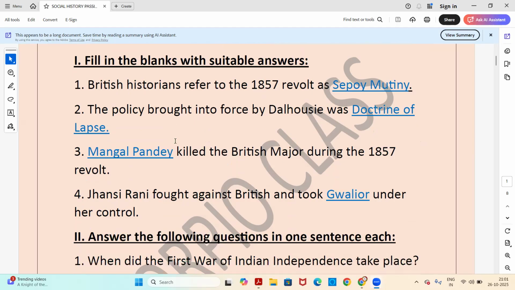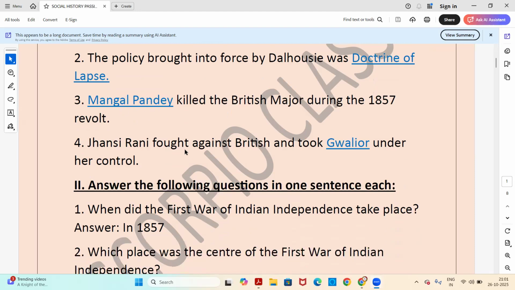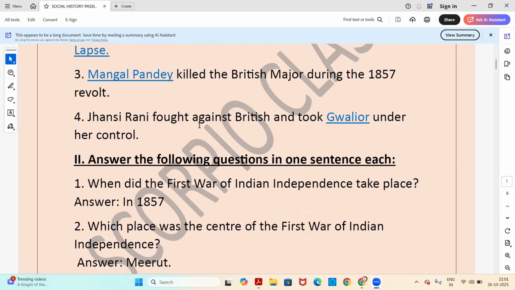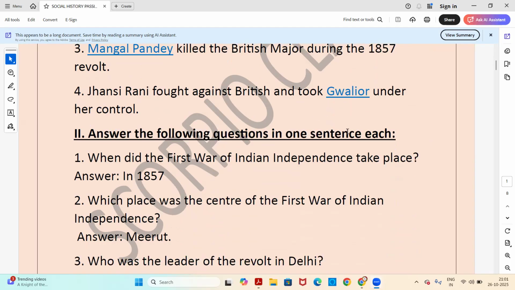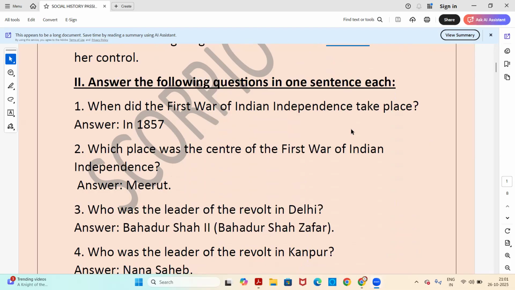Dash killed the British major during 1857 revolt. Mangal Pandey. Jhansi Rani fought against British and took dash under her control. Gwalior.